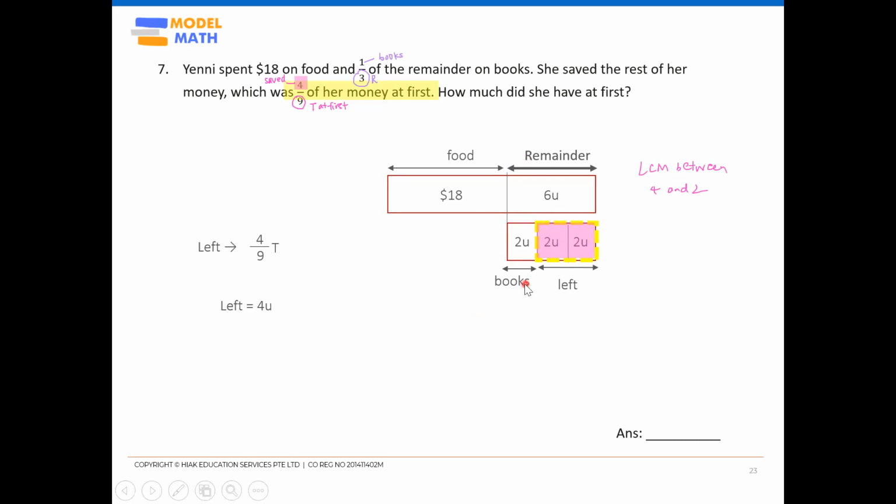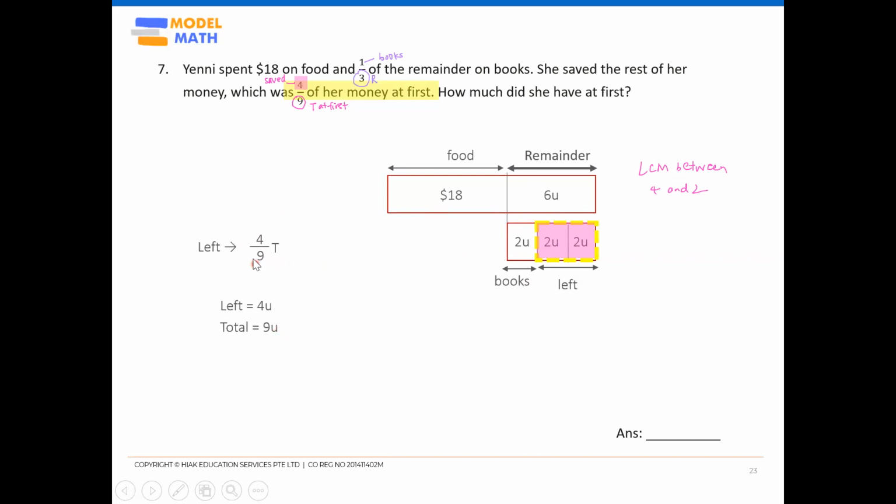Once you have established your units here, you can now safely rely on all the units that you see in the model, and you can also rely on all the units that you see in this fraction, because you have made sure that 4 and 4 are the same. So what does the 9 here mean? The 9 units here means the total at first.